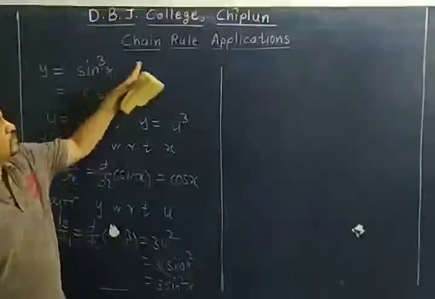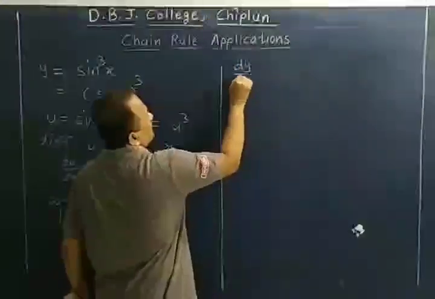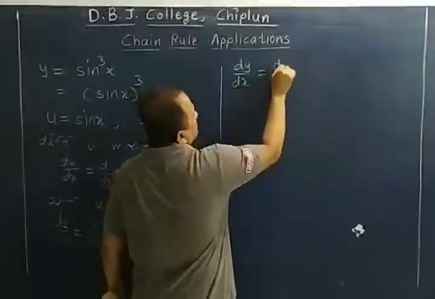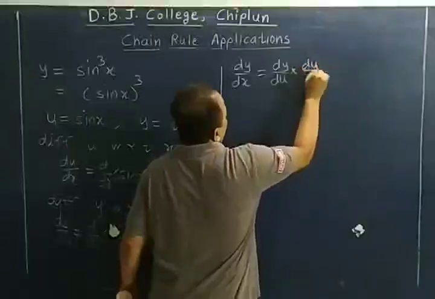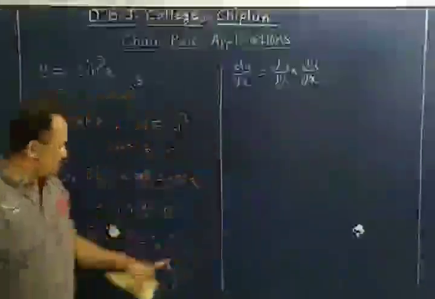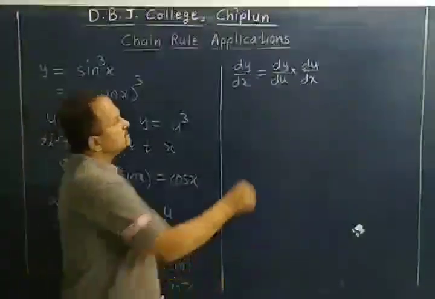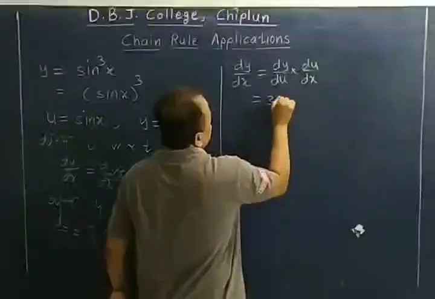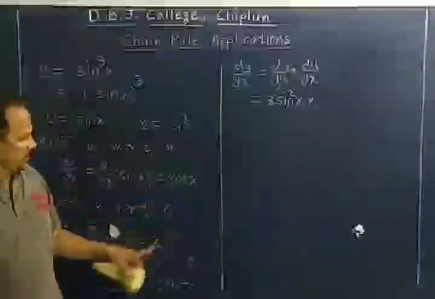Now we are going to apply the chain rule. By chain rule, dy by dx is dy by du into du by dx. What is dy by du? 3 sin square x. 3 sin square x into du by dx.